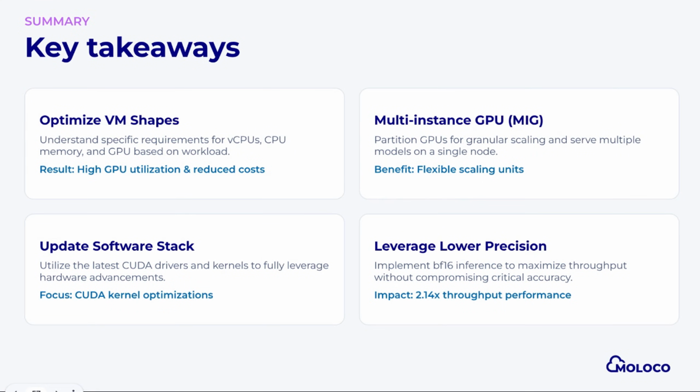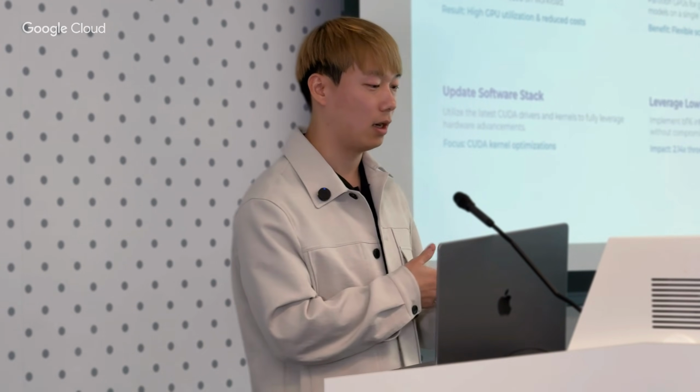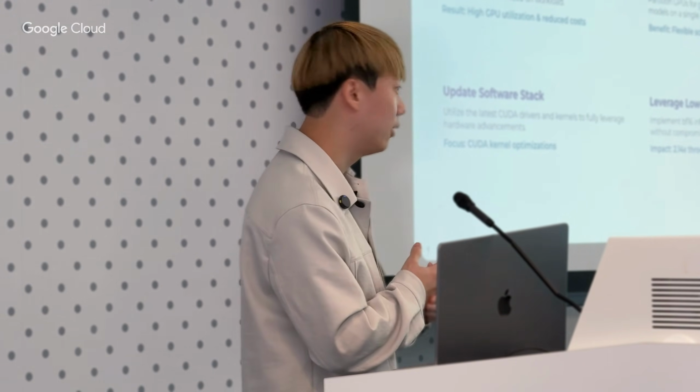This next one I didn't mention in the slides: updating the software stack to the latest version, with the best compute capabilities, is really important because it fully leverages the kernel and hardware advancements. We definitely recommend building your binary application using the latest CUDA drivers and kernels.